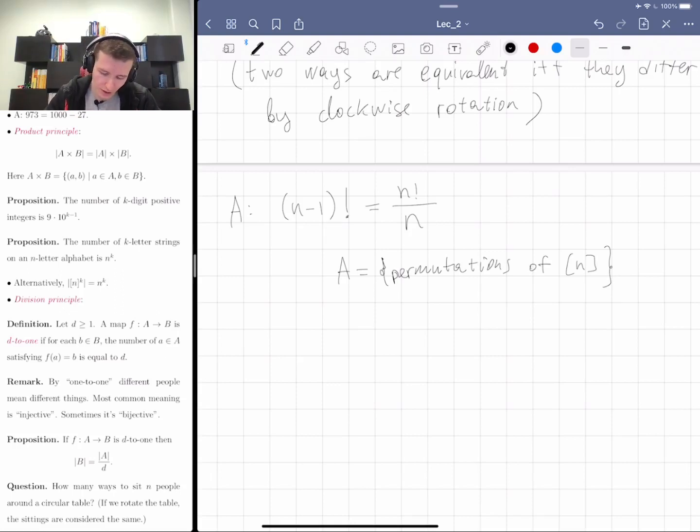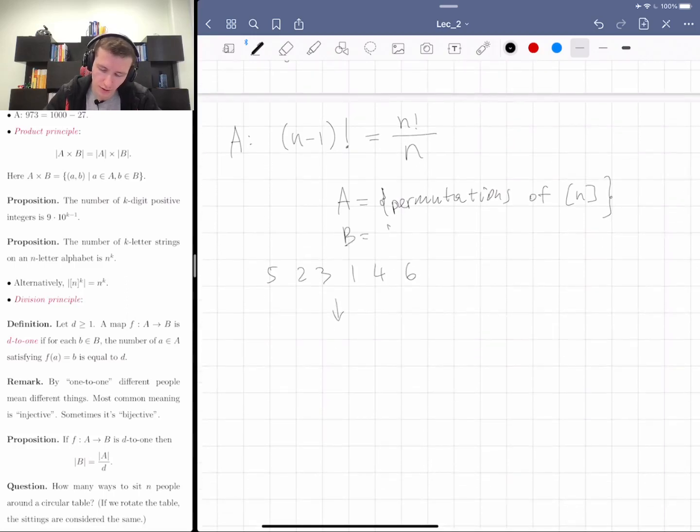Let's say you have some permutation 5, 2, 3, 1, 4, 6, something like this is your permutation. And then B is these permutations modulo this equivalence relation, modulo clockwise rotation.